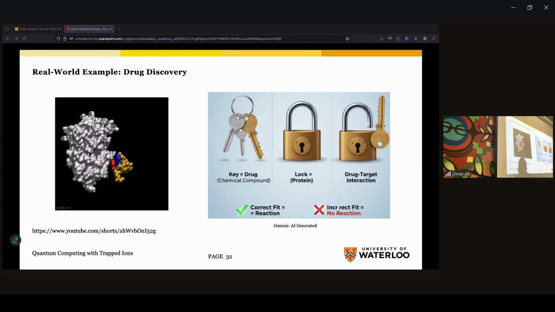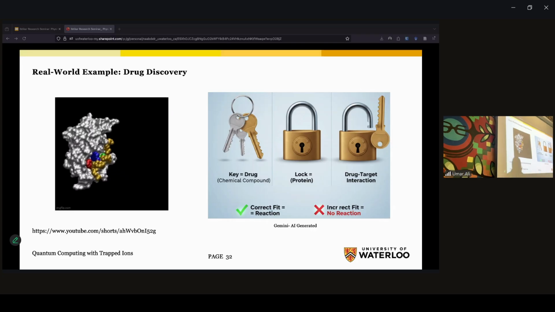The direct thing we can use it for is to simulate molecules for drug design. I guess a lot of you know that if you want to make a drug, this drug has a certain structure, and it couples to the protein that is causing the disease. And if you find the right combination of the key, which is the molecule you're trying to simulate with a quantum computer, and the protein, which are matched to each other, then voila, you find the drug.